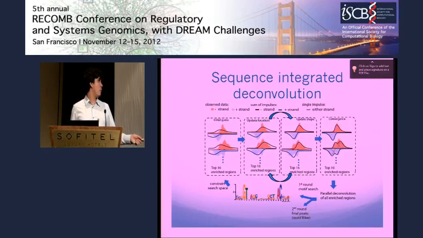We reiterate this algorithm, updating the location and also the shape of the impulse response until it reaches convergence. In the first round, we use the predicted binding sites to run a motif search and feed back a new deconvolution process where the search space is constrained by the output of the motif search.